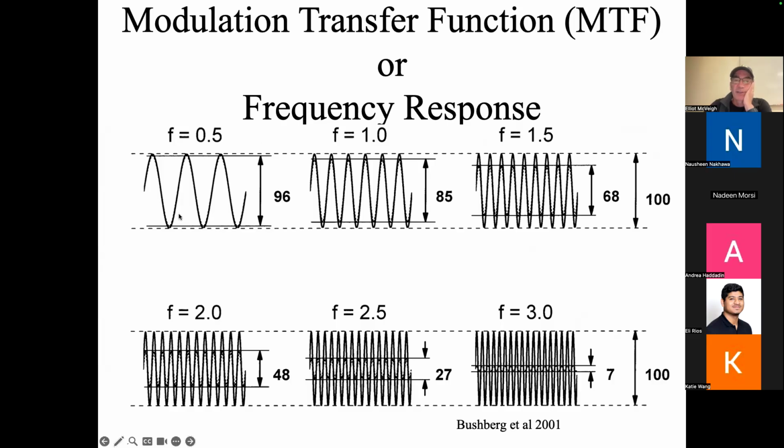And so if I have a frequency here, and I measure how much power or amplitude gets through my imaging system, it gets reduced by 4%. At this frequency, it gets reduced by 15%. This one goes down to 32% reduction, et cetera, until finally at high frequencies, basically not much of the energy from this gets through. It goes down to 7.